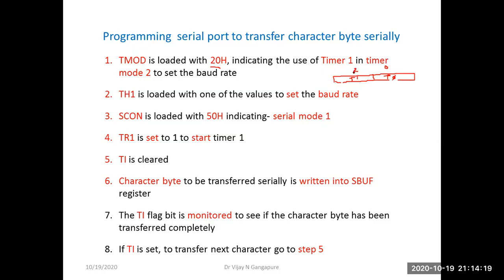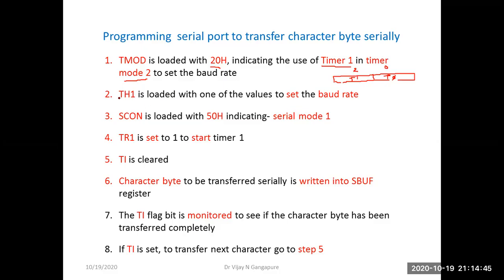If we load 20H into this TMOD, what will happen? This will configure timer 1 in mode 2, that is 8-bit auto reload mode, and timer 1 will be used to set the baud rate when we configure serial port of 8051 in mode 1, that is 8-bit UART mode.